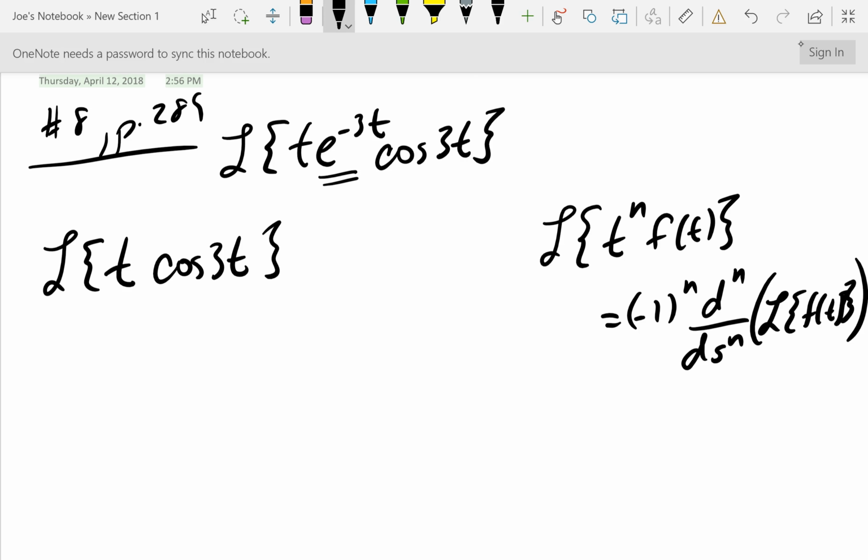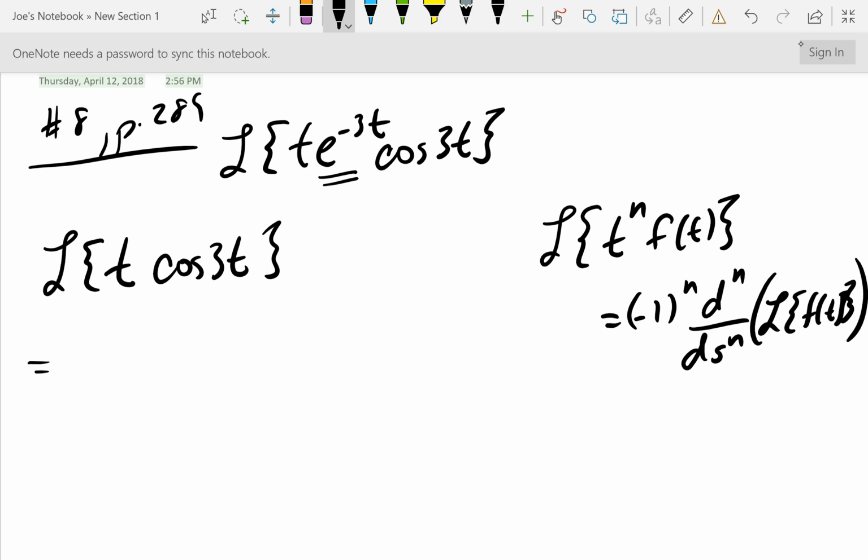So each power of t represents one derivative. We have to remember this negative 1 to the n power because it alternates negative, positive, but in general we want to take the Laplace transform and differentiate it if we've got it multiplied by a power of t.